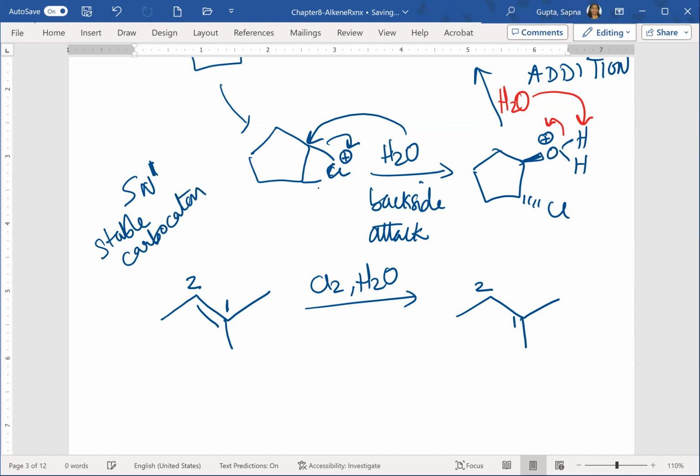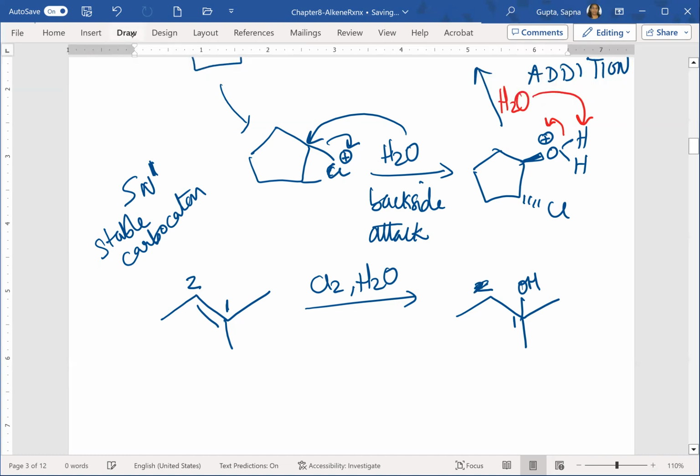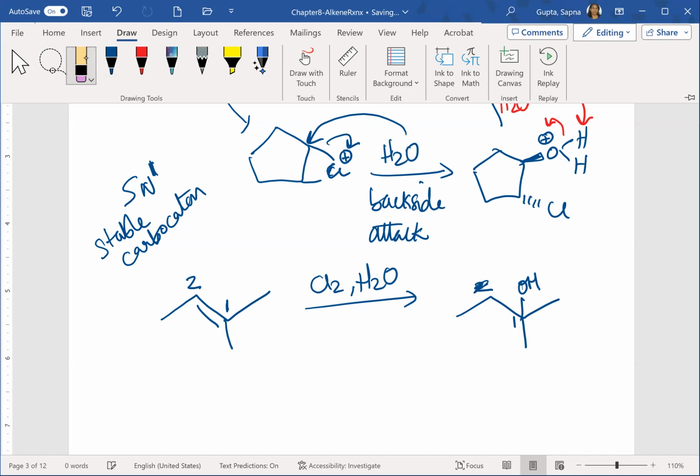So then when you look at that, carbon number 1 versus carbon number 2, carbon number 1 gives you the more stable carbocation. So that is where you're going to get the alcohol. That's how it works. And let me erase the 1 and 2 so that way I can show the stereochemistry also.